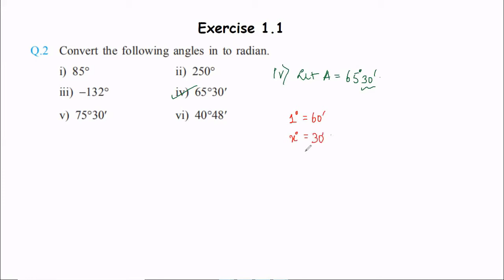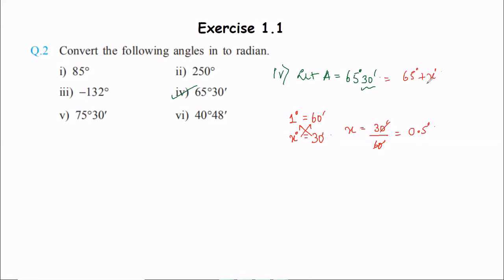So what we will do is we will cross multiply, the unitary method. So x is equal to 30 minutes divided by 60 minutes. That gives me 0.5 degrees. So in place of 30 minutes, we can put 0.5 degrees. So this is basically 65 degrees plus x degrees.